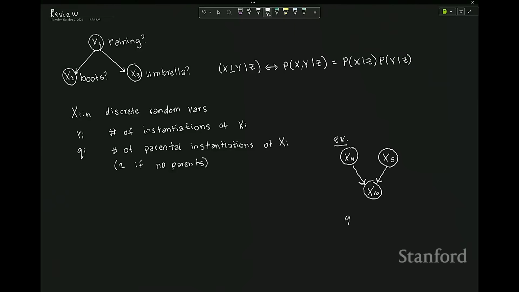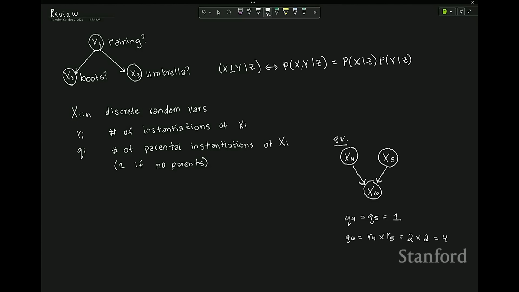So we would say q4 equals q5 equals 1. And then if we do have parents, the q sub i value is going to be the product of the r sub i's of those parents. So in this case, q6 equals r4 times r5. We're still working with binary variables, so this will be 4.